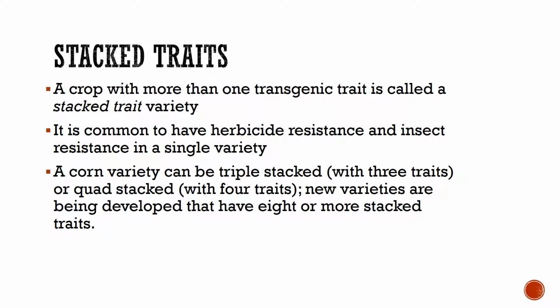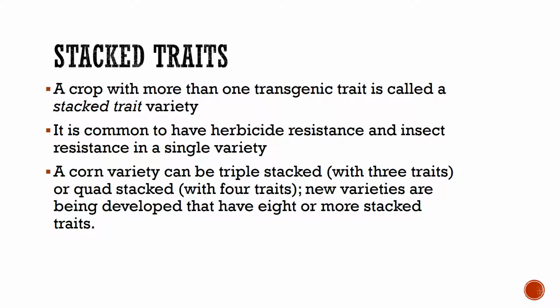So stacked traits, why are they important, and why is it important to know about them? A crop with more than one transgenic trait we call a stacked trait. We're stacking it up, really. That's important because we look at herbicide resistance in comparison to insect resistance. If I'm going to buy a variety of soybean, I want to make sure that it has herbicide resistance and insect resistance, so I'm stacking that trait.